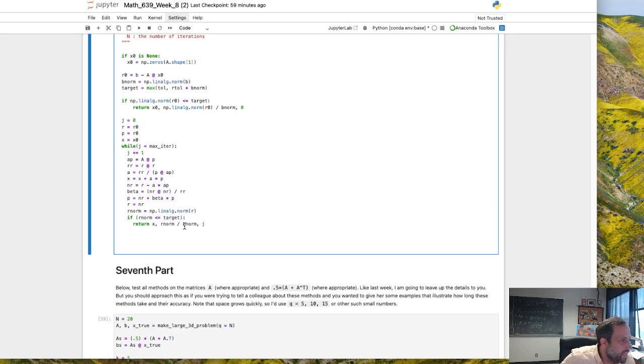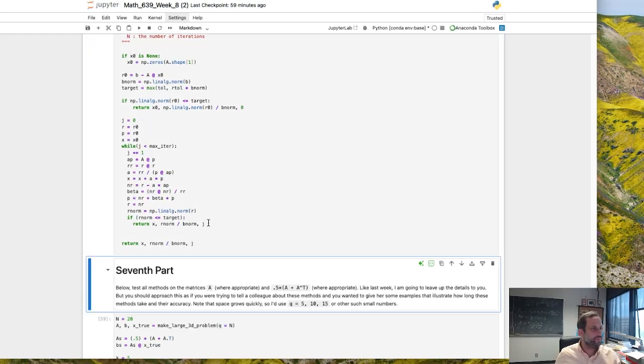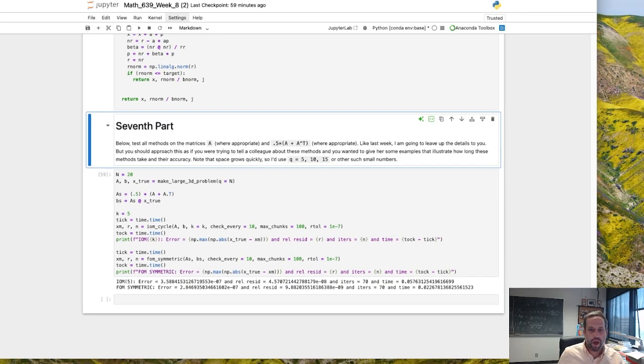One is by exiting the function when r norm hits the target, or if j reaches the max iterations, in which case we're going to return x, r norm over b norm, and then j. There we have it. Okay, and so now I want to test it.